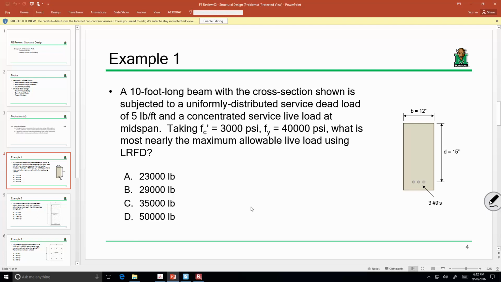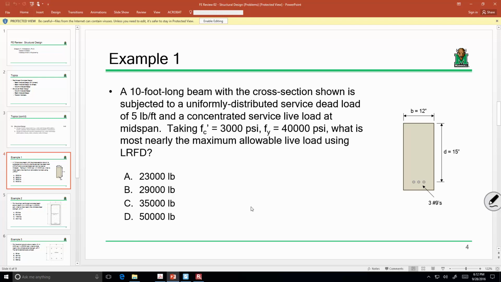That's not a lot at all, but it's really meant to get you thinking about structural analysis and being able to handle that uniformly distributed load as well as the point load that's coming. So we're going to take f'c to be 3 ksi and fy to be 40 ksi. Based on this information, what is most nearly the maximum allowable live load using LRFD or ultimate strength load combos? We've got A, B, C, and D, and so on and so forth.